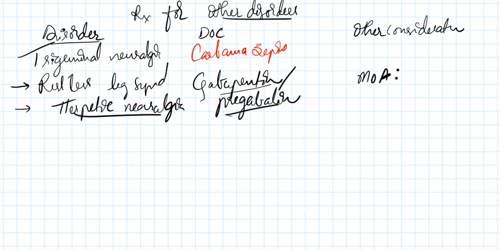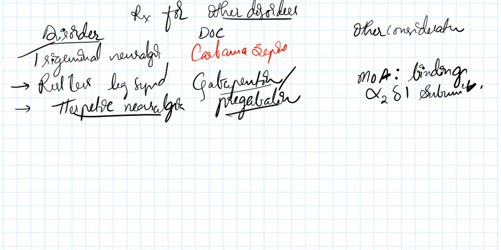What happens is there is binding to the alpha-2-delta-1 subunit of the presynaptic calcium channel.